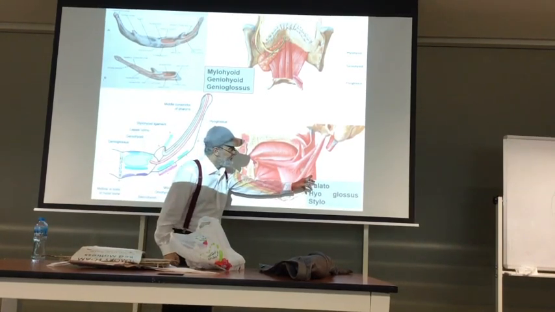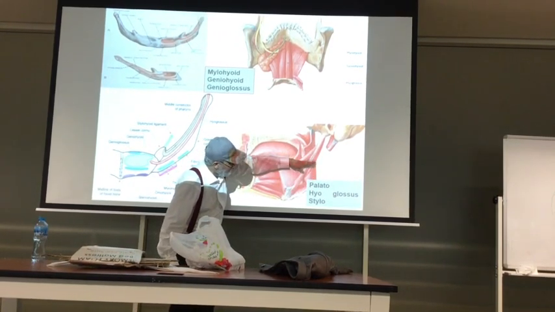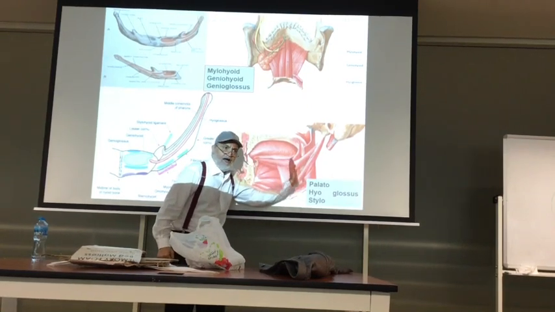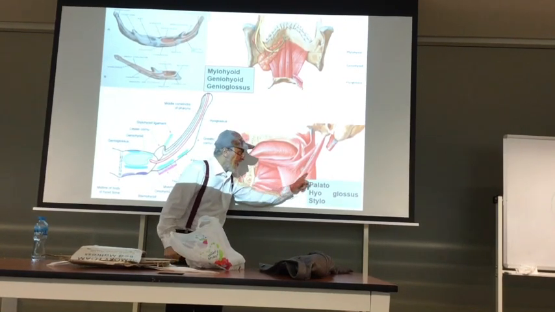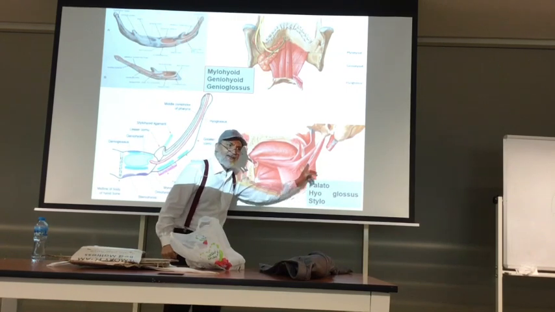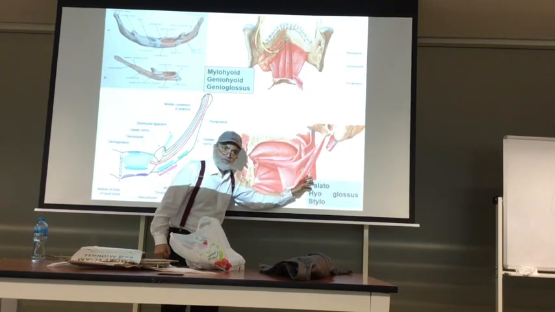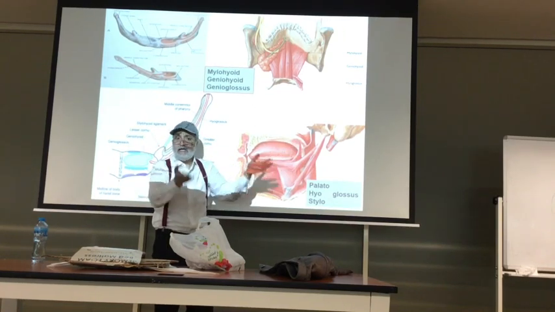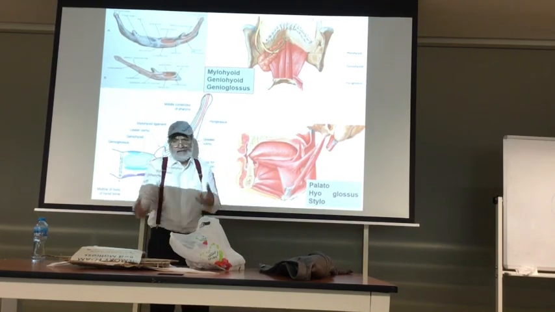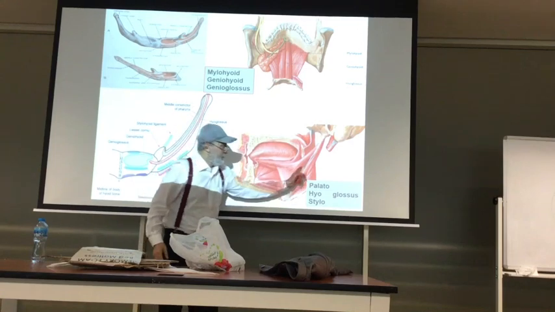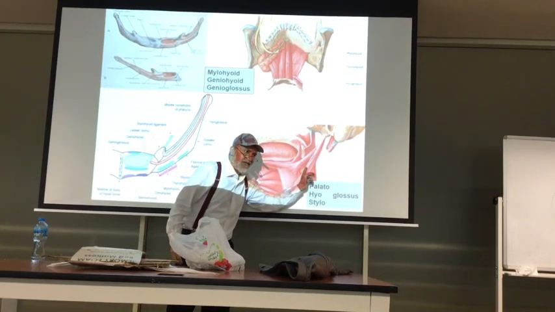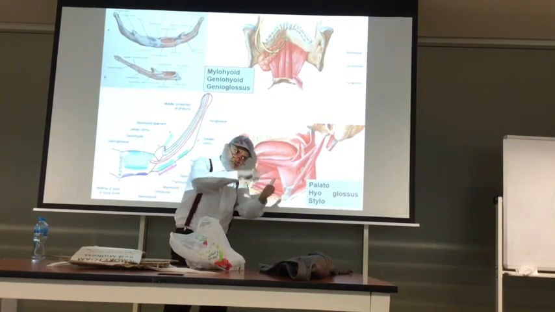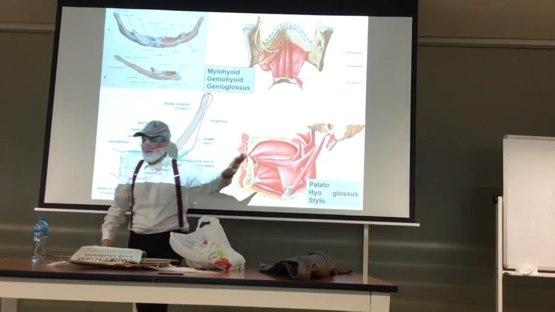Because this is the middle constrictor, this is the superior constrictor, and this here is hyoglossus, and I call this triangle the second gap in my notes, because this is the first. I call this the second gap through which these structures are passing. Very good.